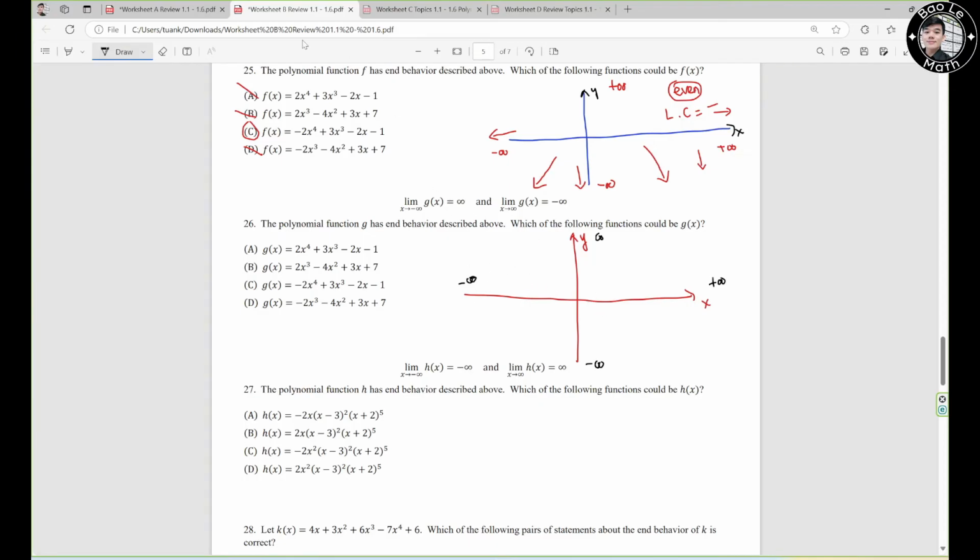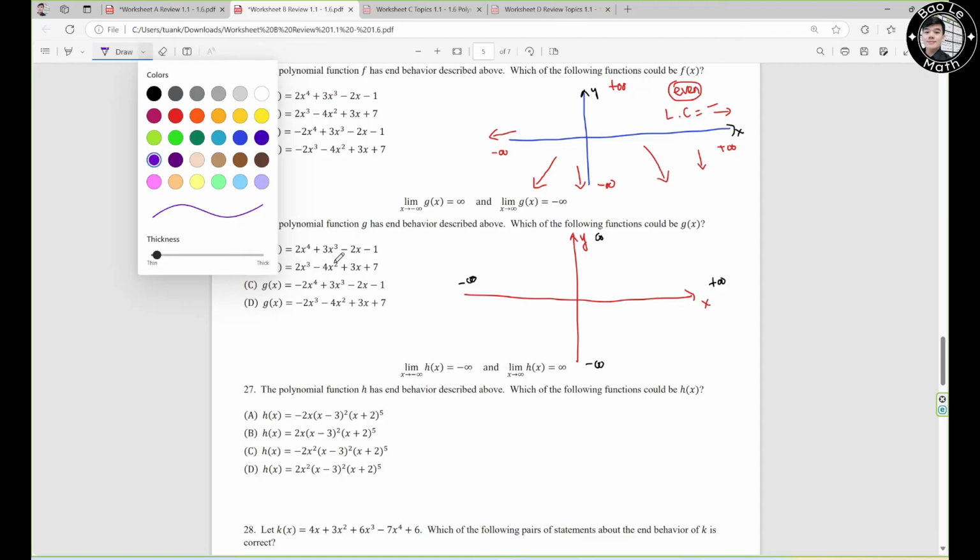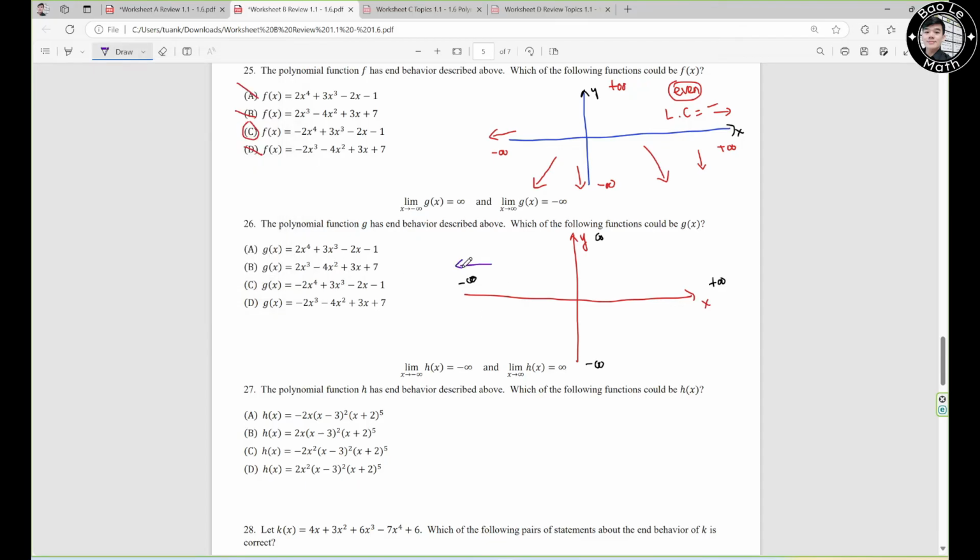So s approaches negative infinity, right? The function approaches positive infinity, it could be like this. Alright, so the end behavior should be something like this, right? Now, when s approaches positive infinity, this way, the function approaches negative infinity like this. So the other end behavior should be like this, right?